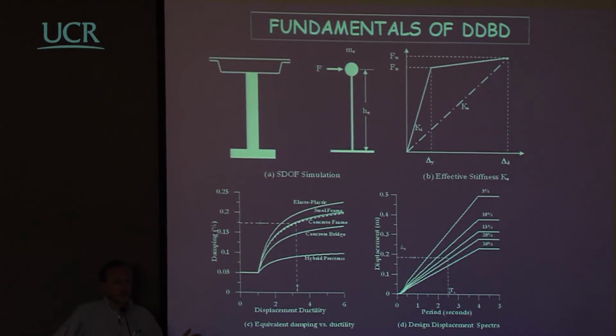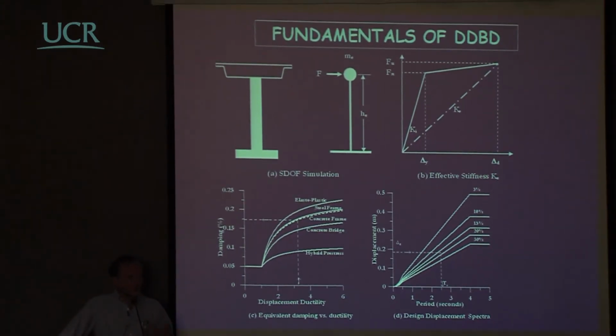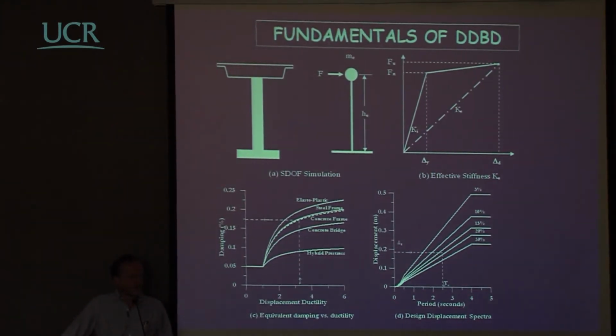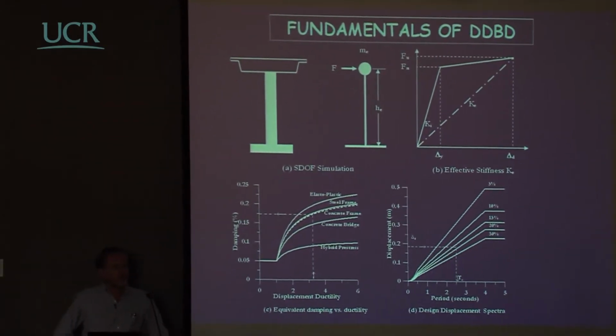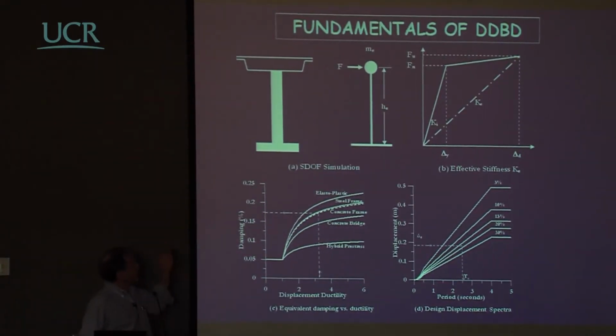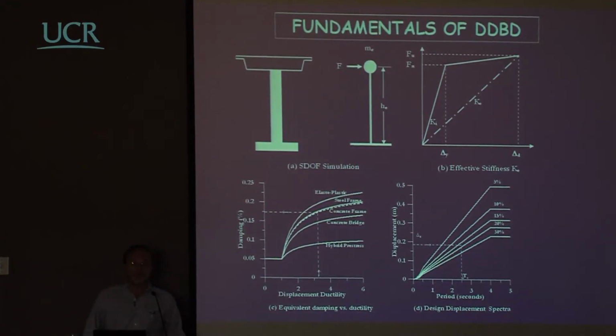This figure has already been shown, but I think it's convenient to go several times over the same concept. If you are dealing with a simple structure, such as the one which is depicted there, for example a bridge bent, you could assume that you have a single degree of freedom model which is similar to that structure, that you could use for the design of the structure. And you could assume that you know at what level of displacement you want to design the structure.